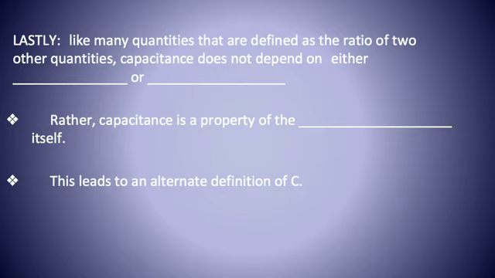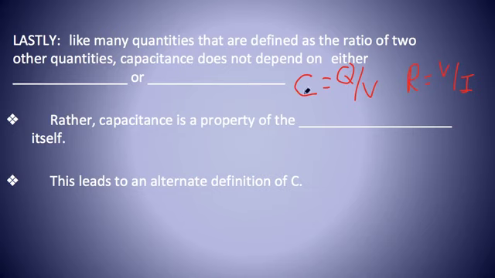Like many quantities that are defined as a ratio of two other quantities, in other words, capacitance is defined as the ratio of Q over V, the actual value of C does not depend on Q or V. This is very similar to resistance, which is defined as the ratio of voltage to current. We learned last year that resistance depends on the properties of the resistor itself.